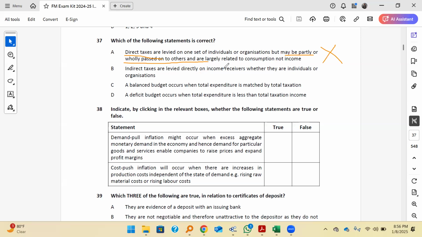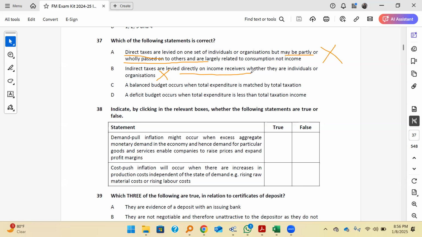Indirect taxes are levied directly on income receivers, whether they are individuals, organizations. So that is not correct. Indirect taxes are not directly levied on income receivers.